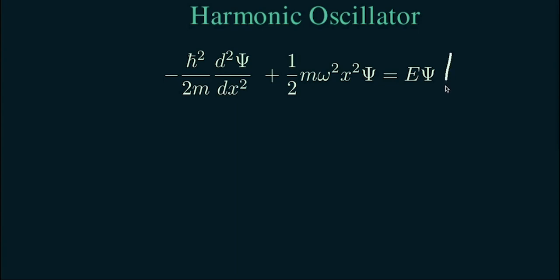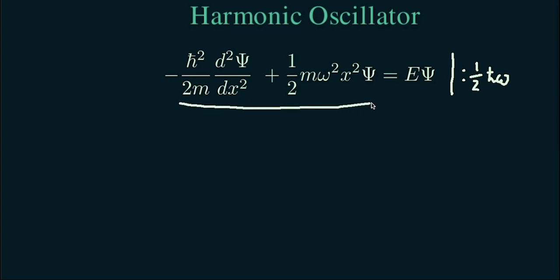Anyway, moving forward, what we are going to do is take this equation and divide it by 1/2 h bar omega. We are doing this because this is just something which will simplify our equation later.